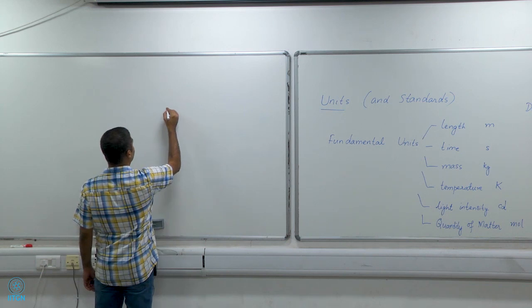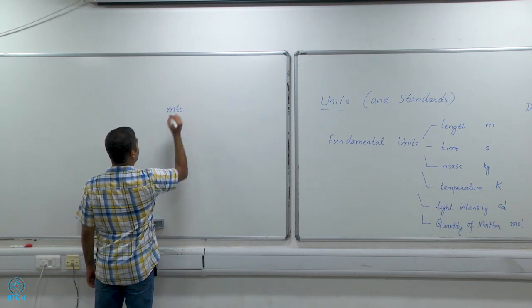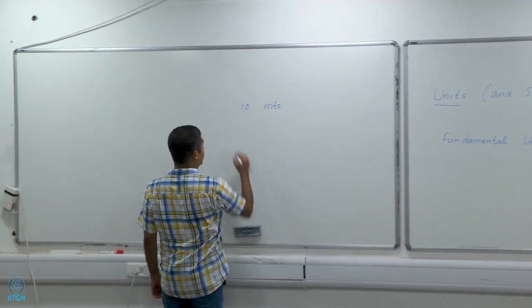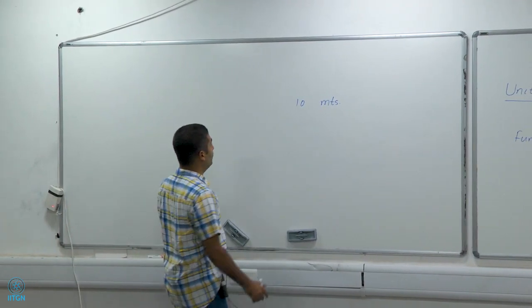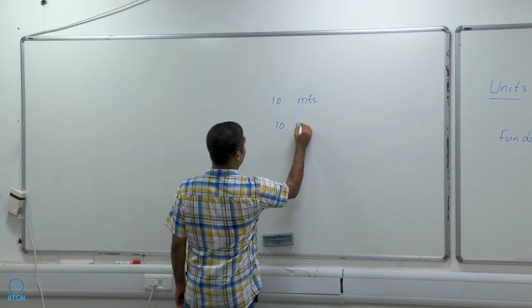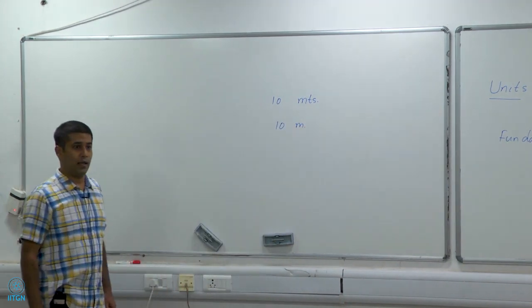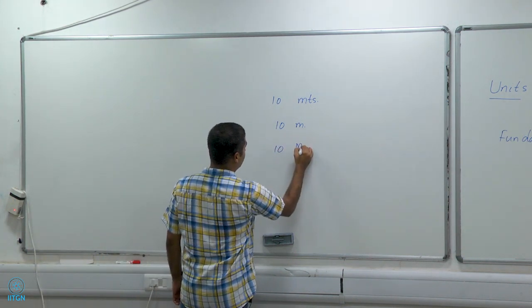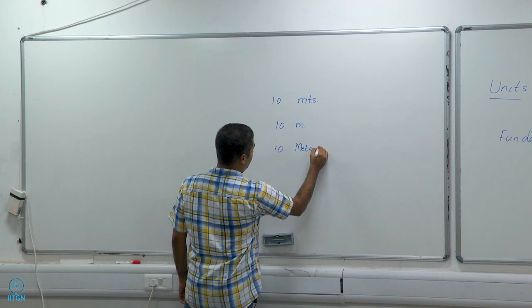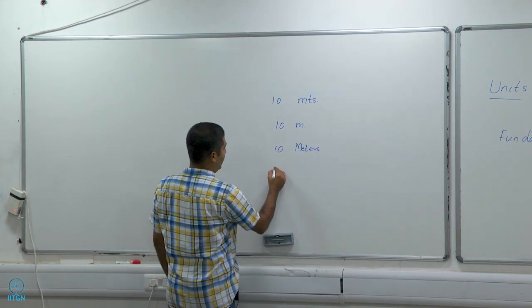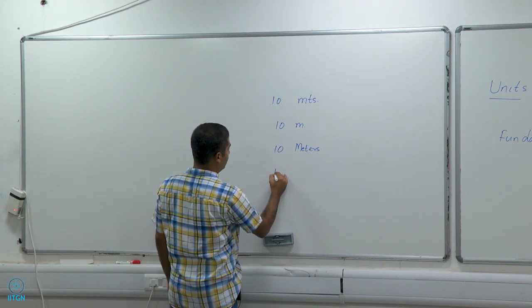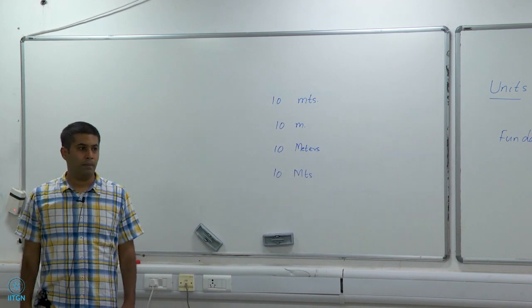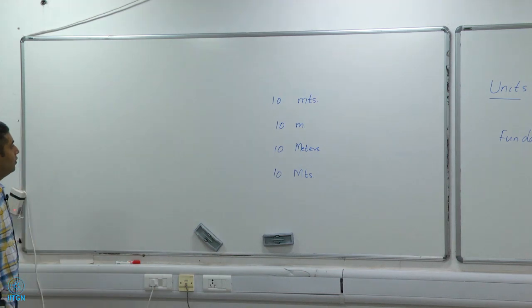So, when they say 10 meters, they sometimes write it like this, sometimes they write 10 like that, and sometimes they write it another way.